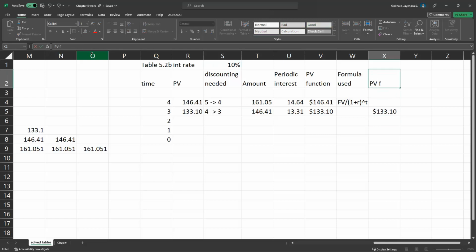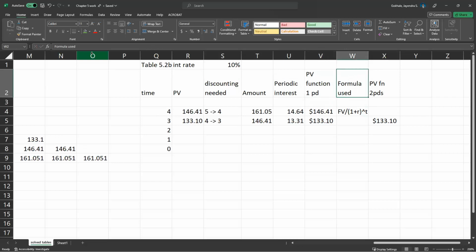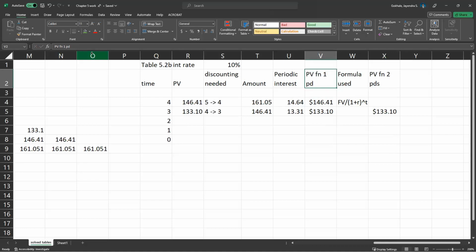So this is the PV function for 2 periods, and this is the PV function for 1 period. I don't think we need to write the entire thing. Wonderful. And then we will do the PV function for 3 periods. Right now it's not needed, but next instance we'll need it.